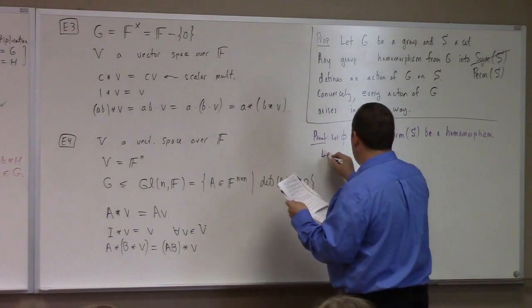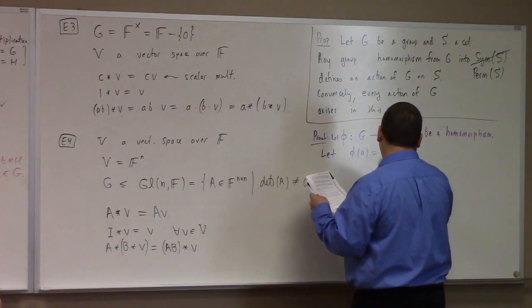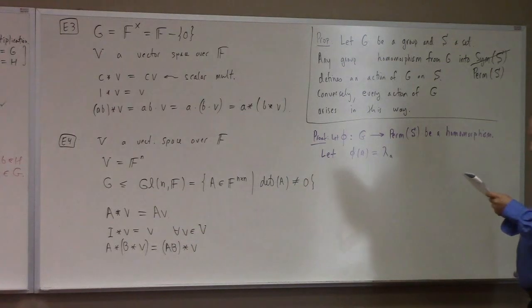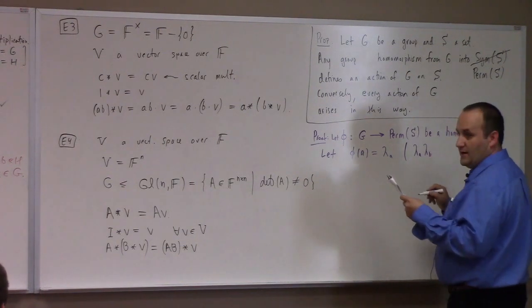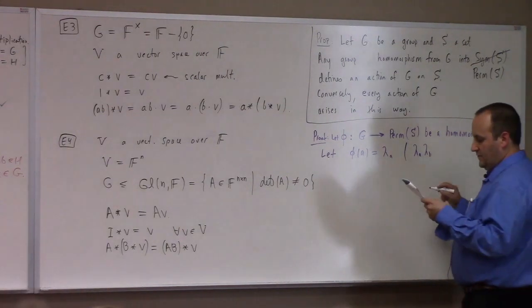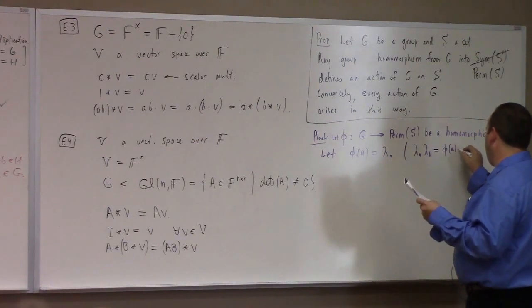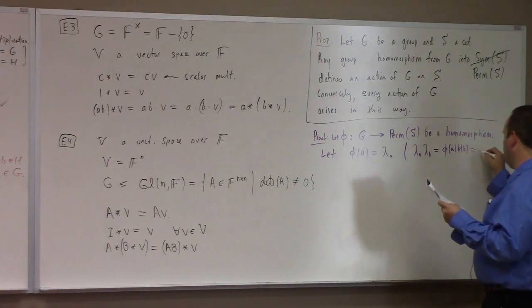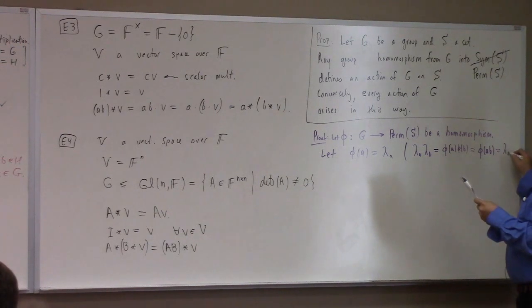He says, let me introduce a little bit of notation. Let phi of a be equal to lambda sub a. And notice what we have. We have that lambda a, lambda b, which is the composition of these, is the product, so that would be phi a, phi b, which would, by the way, be phi of ab, which would be lambda ab.